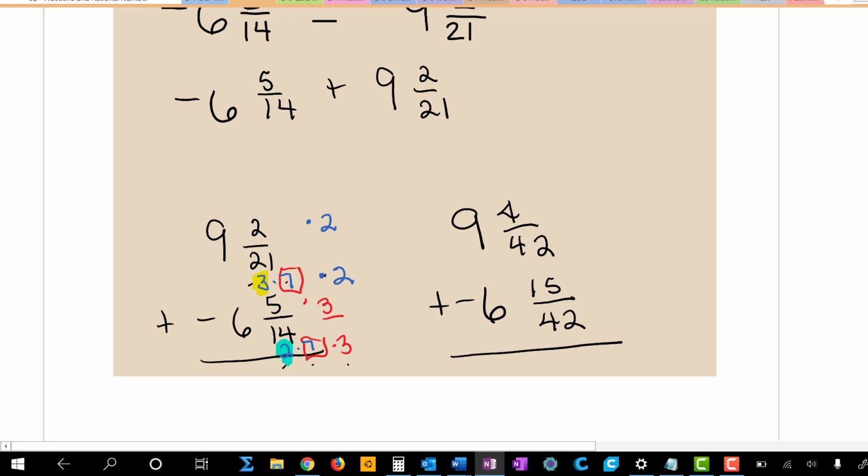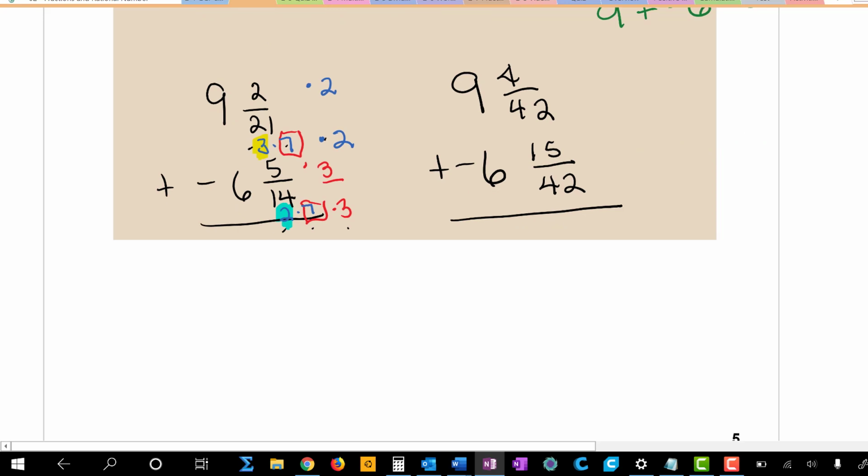Now just a real quick note, I'm going to add 9 plus negative 6 to make sure I'm on the right track, and I get positive 3. So that reminds me I'm actually subtracting these two numbers, and I'm keeping the positive sign. So now when I go to subtract, I notice that I have a 15 being subtracted from the 4, so we're going to have to regroup that top mixed number. We're going to take 1 away from the 9, so that becomes an 8.